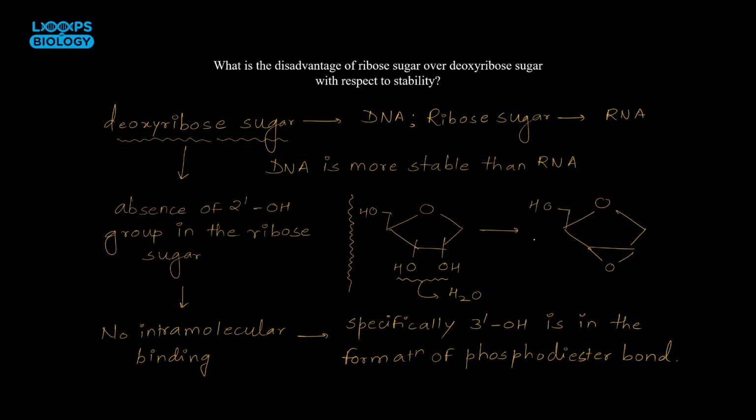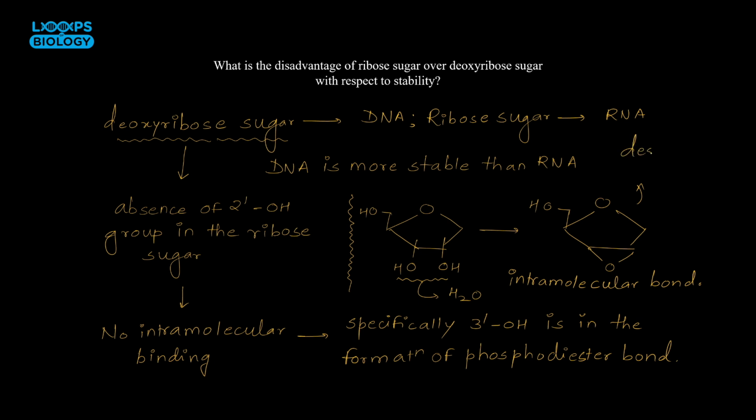So there is a disadvantage of ribose sugar over deoxyribose sugar, that there can be intramolecular binding. I hope you are well versed with the words intra and inter now. So an intramolecular bond is going to be formed, and this bond stops or halts your ribose sugar from forming the next bond through the phosphodiester bond, and this will stop or destabilize the structure.